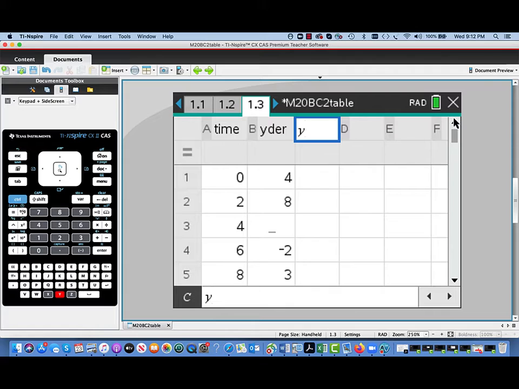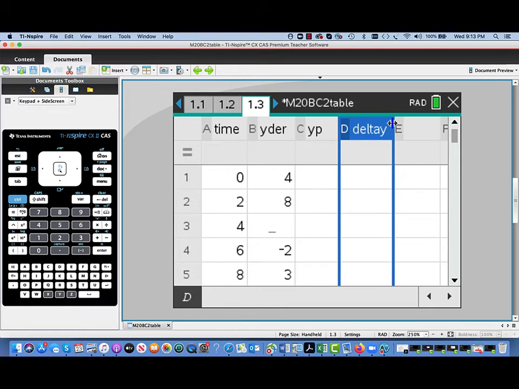But we do want to approximate the y-coordinate of the particle at that time. I'm going to put in yp for the y position, and I'm going to name this next column delta y. So this is kind of our workspace for doing Euler's method in a spreadsheet. Let me widen that column out just a little bit.